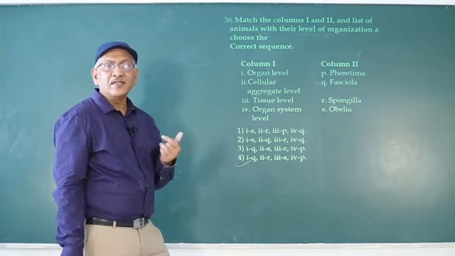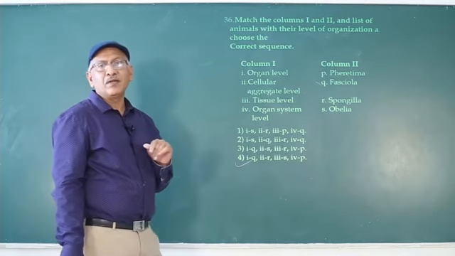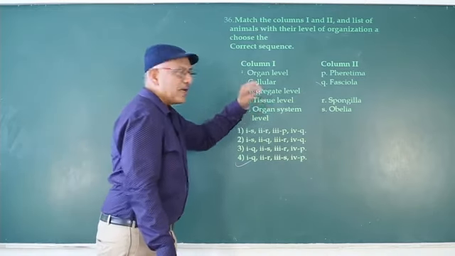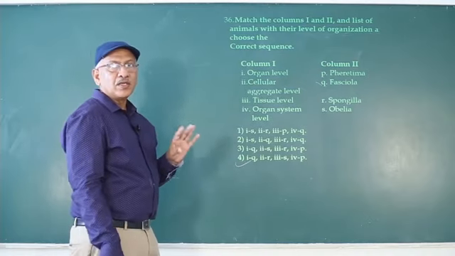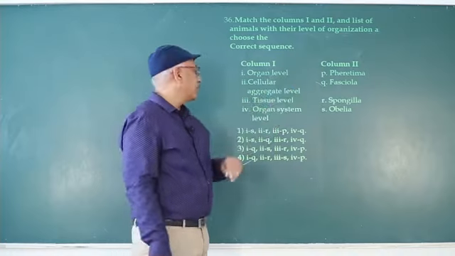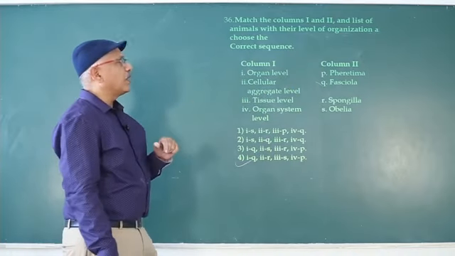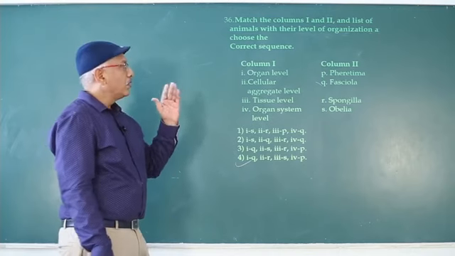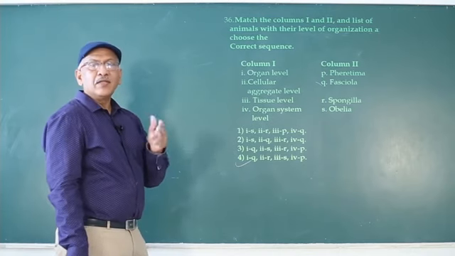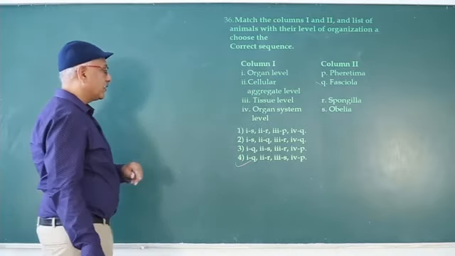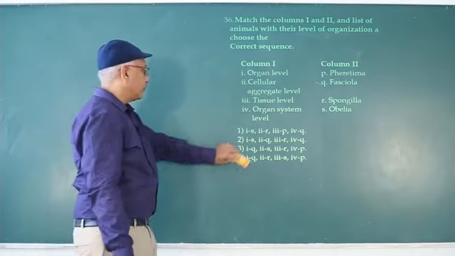So in the final exam they never frame such a question. Here no controversy, organ level given, Fasciola. Organ system level: from Platyhelminthes to Chordata all exhibit organ system level of organization. So fourth option.